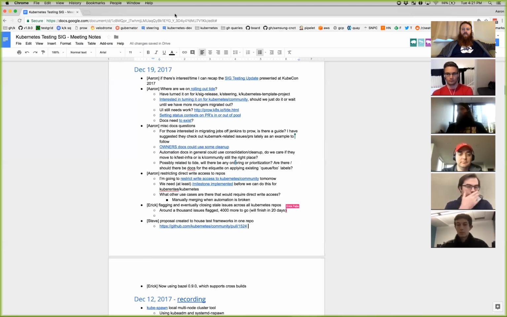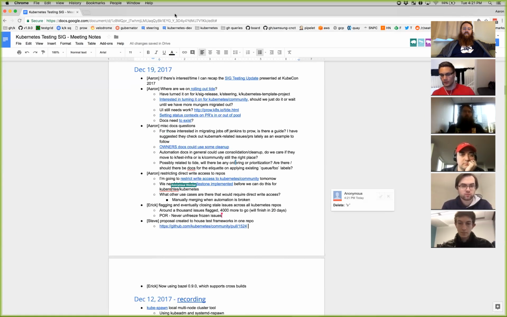My gut has always told me that Kubernetes community is the place for people to learn how to interact with the automation that is driving the Kubernetes project and how that automation is deployed, as opposed to test infra docs that explain stuff that's a little more specific to our code, or how to take our stack and deploy it for your own project. Is that the right distinction, or am I making that up?